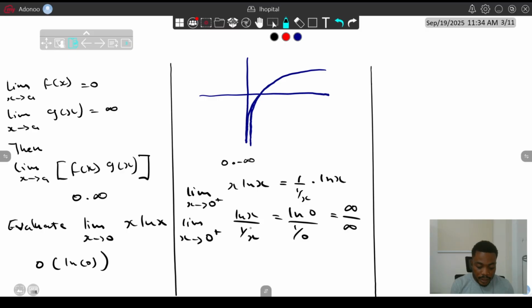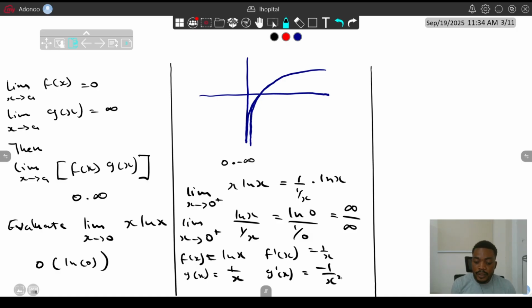Okay, so we now have this function. If we differentiate this function, where f of x is equal to ln x and g of x is equal to 1 over x, then f prime of x is equal to 1 over x, and g prime of x is equal to negative 1 over x squared.